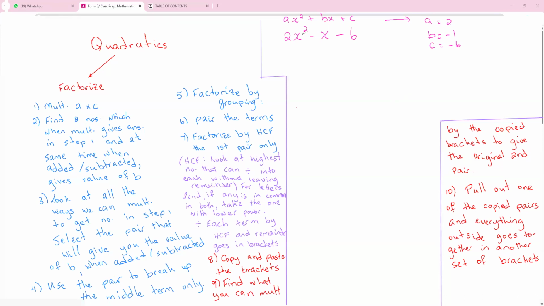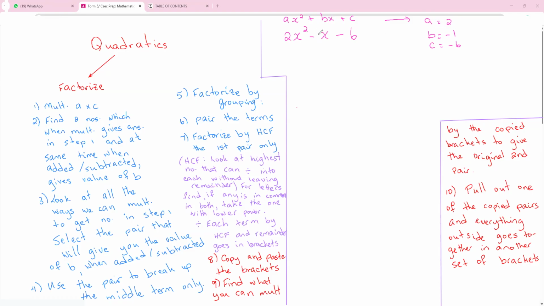All right, so let's take a look at another example. 2x squared minus x minus 6. Remember, quadratic is always in the form of ax squared plus bx plus c. A is the number in front of x squared, so that's 2.